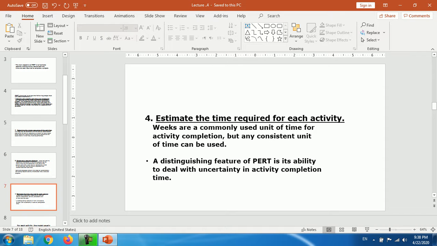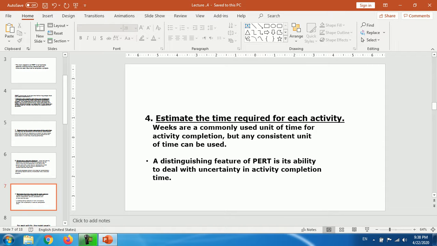Number 4. Estimate the time required for each activity. Weeks are a commonly used unit of time for activity completion, but any consistent unit of time can be used.